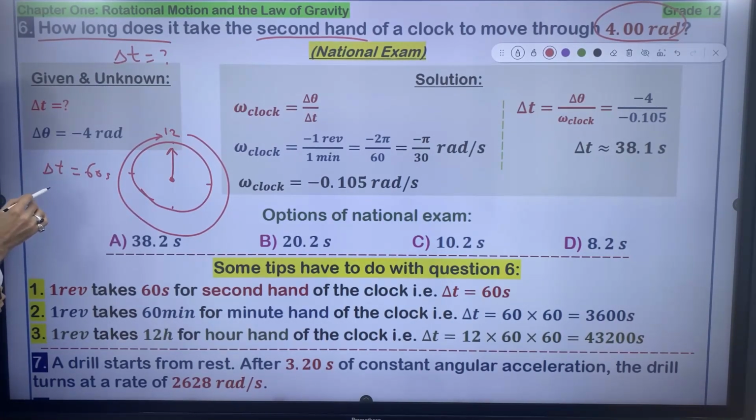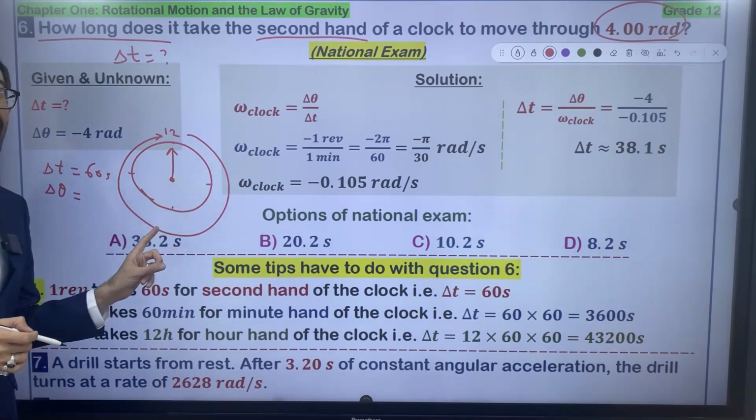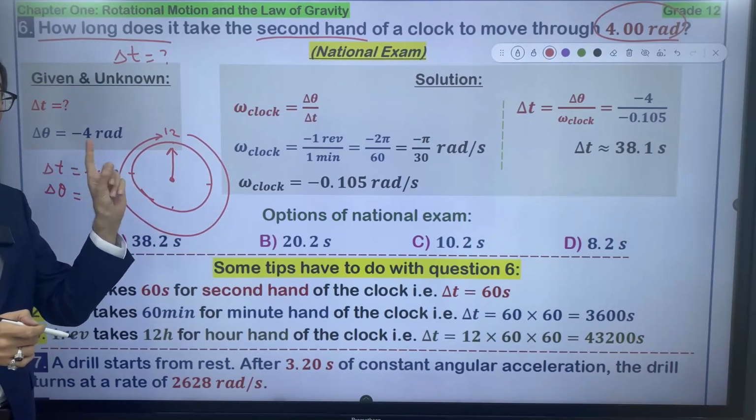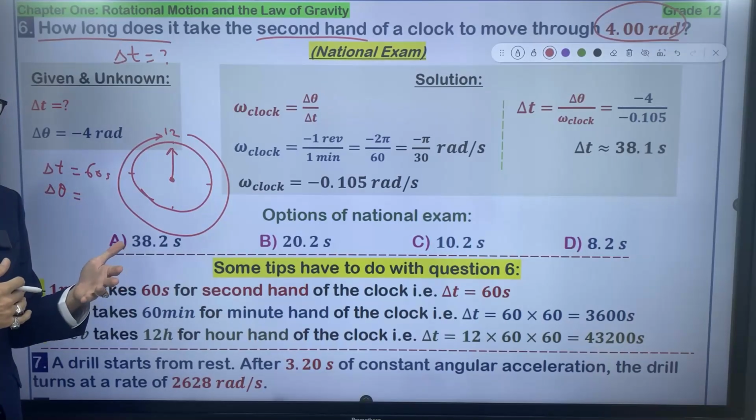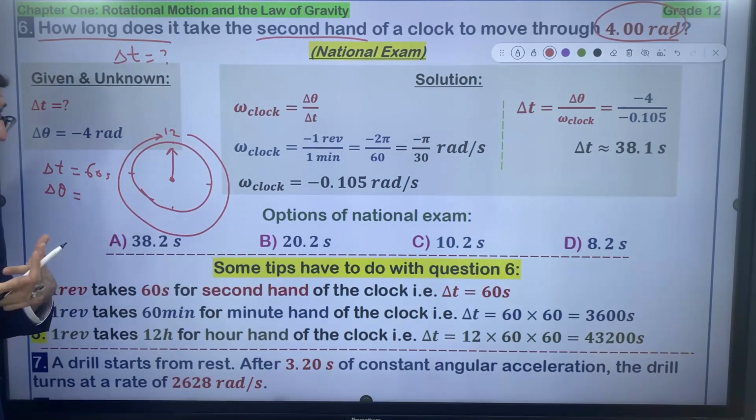What do you say about the delta theta? I said, how long does it take the second hand of a clock to complete one full cycle? One full cycle, or one revolution. So delta theta is 1 rev. So two pieces of information are available.